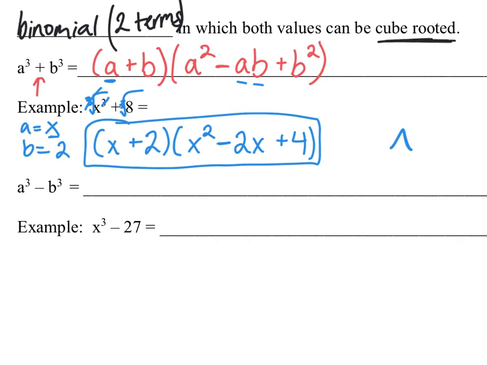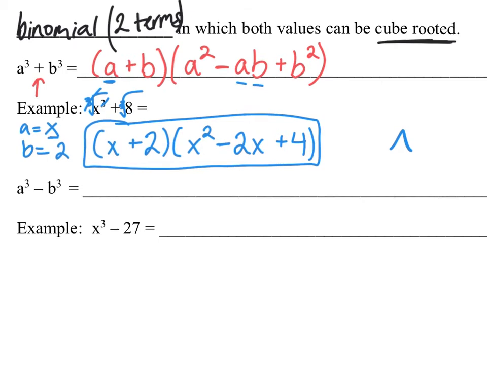The next thing we have here is what we call difference of cubes. We see a subtraction sign between the a to the third and the b to the third, right? This is going to work very, very similar to sum of cubes, but there are going to be 2 differences. With sum of cubes, this first set of parentheses we added because it was a sum.